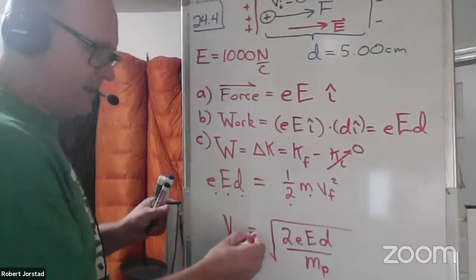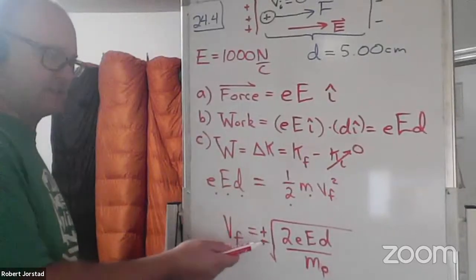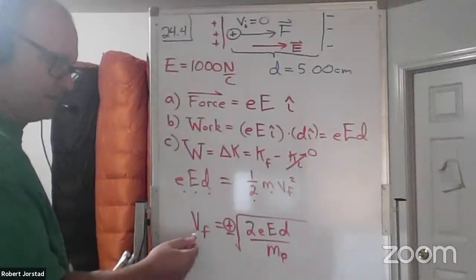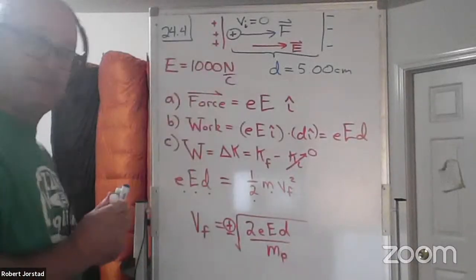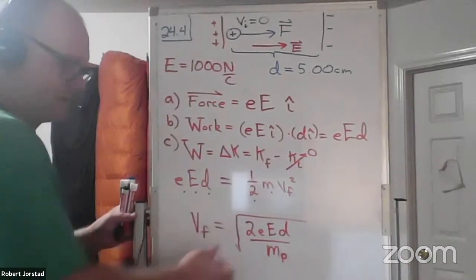Now you might be saying, do I need to worry about the plus or minus? In this case, which root seems appropriate for this problem? Plus, because we're going to the right. So I would select the positive root because the final velocity is going that way. If I just wanted speed, I would take the plus and I wouldn't even write these.